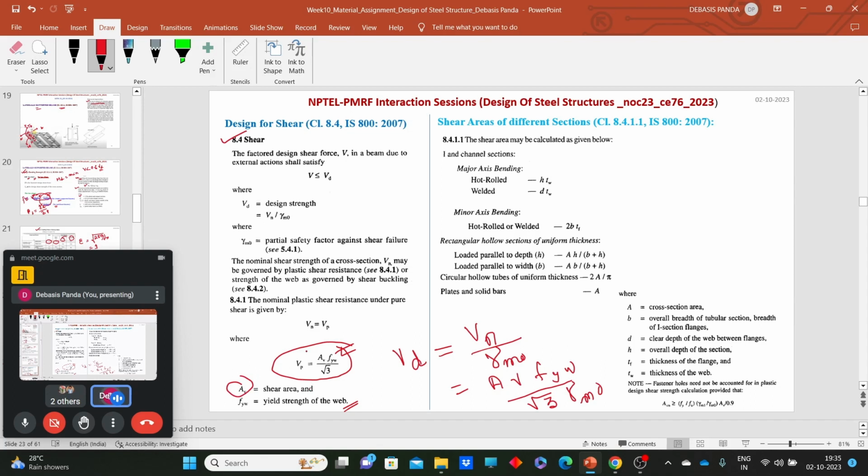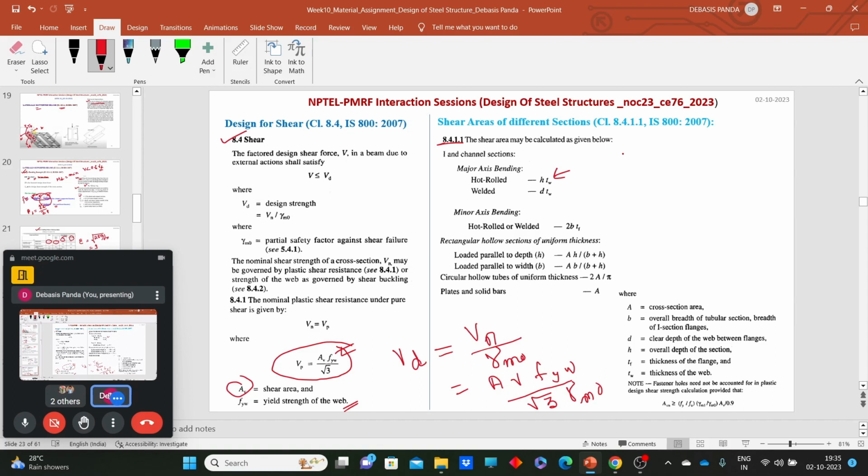Now the shear area will be different for different kinds of sections. The details of the shear area are also given in clause 8.4.1.1, where for I and channel sections, what will be the shear area for a hot rolled section? That will be nothing but H into TW. Why TW? We consider the web portion, because in a beam the web portion generally takes care of the shear.